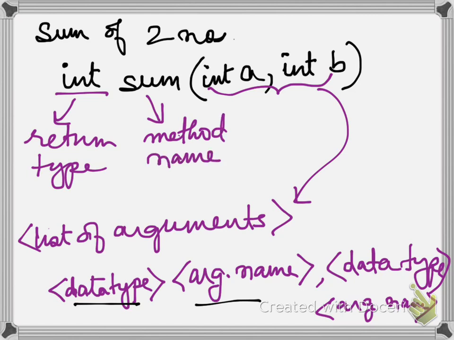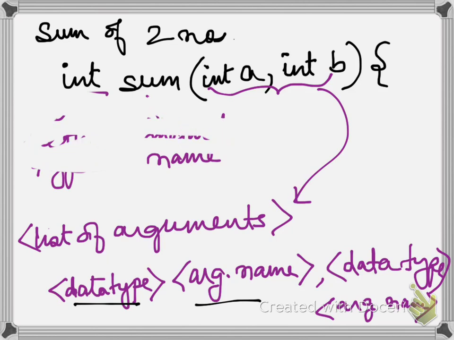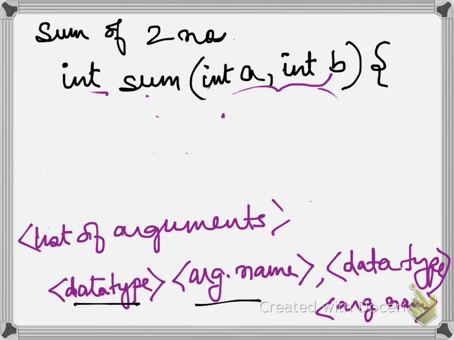Okay, now let's continue with this. I have to give the body of the method. So for that I will just rub this part, because I want to write something here. Here I want to return the sum of A and B. I can write it in one single line.